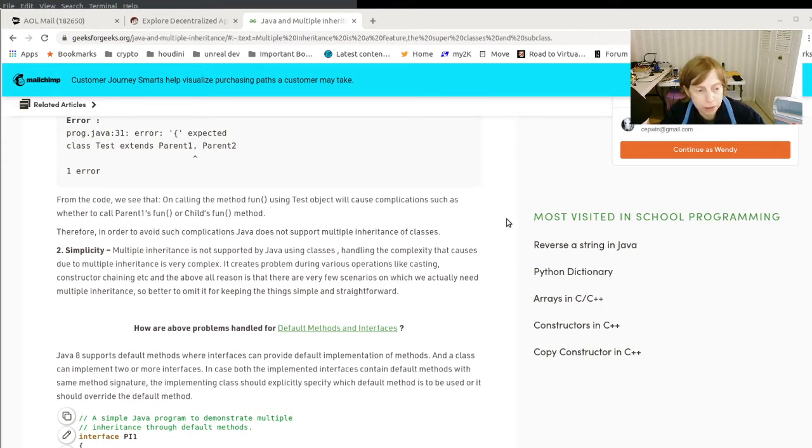So anyway, we understand what the problem is. The problem is essentially compiler confusion. What do I do? Which one of these do I pick? That is the subject of the C3 linearization, which is an awful big name.